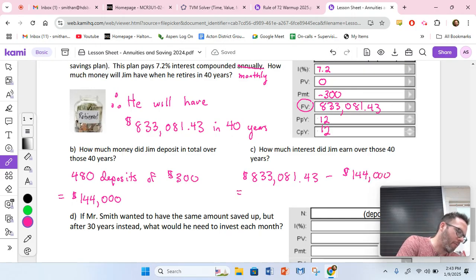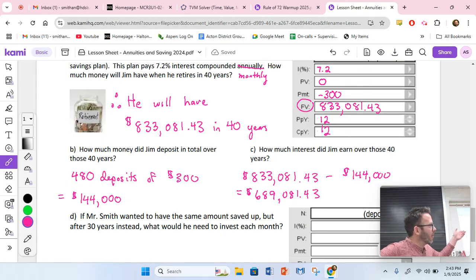Wow. In interest, almost $700,000. $689,081.43 in interest.